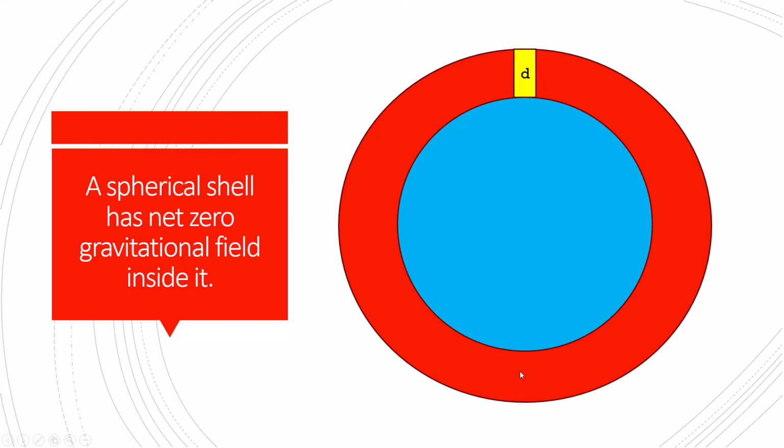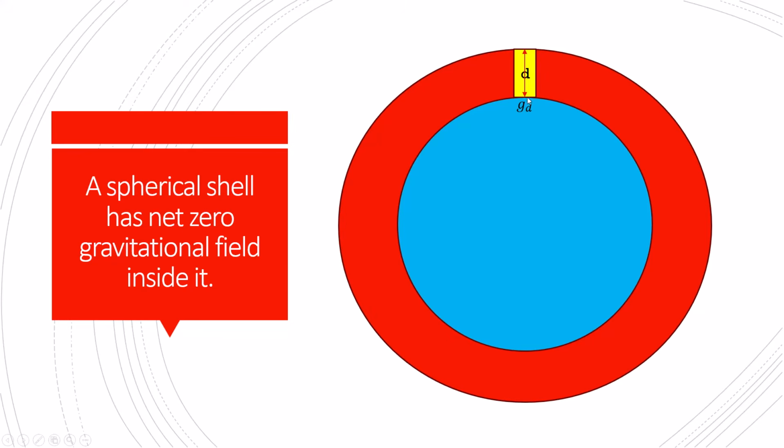This shell of width d will have zero net gravitational field inside it, and the only gravitational force will act due to this blue colored mass, and on this surface the acceleration due to gravity is g suffix d.